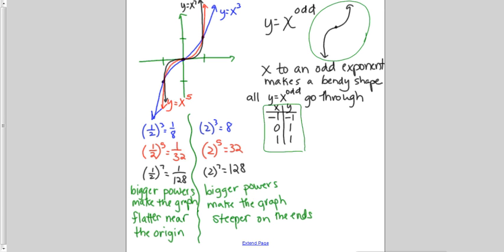But again, just like with the quadratic, as my exponent gets bigger, my graph gets steeper and steeper on the outsides. And on the insides, in this little space in between, my graph gets flatter and flatter. So a bigger exponent is going to have a flatter graph in the middle, less of a curve shape.